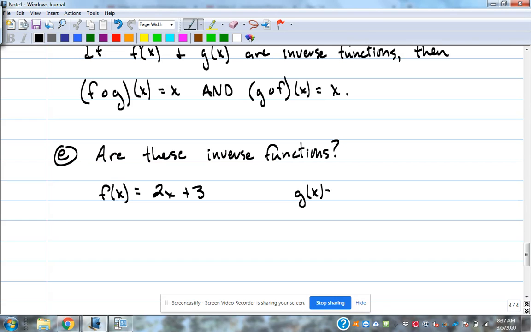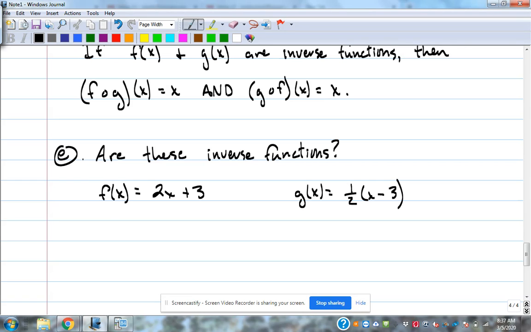G of x equals 1/2 x minus 3. Okay. So I guess in geometry you did proofs. This would be the proof of inverses. Finding the inverse is not proof. Function composition is proof. It's a stronger operation.